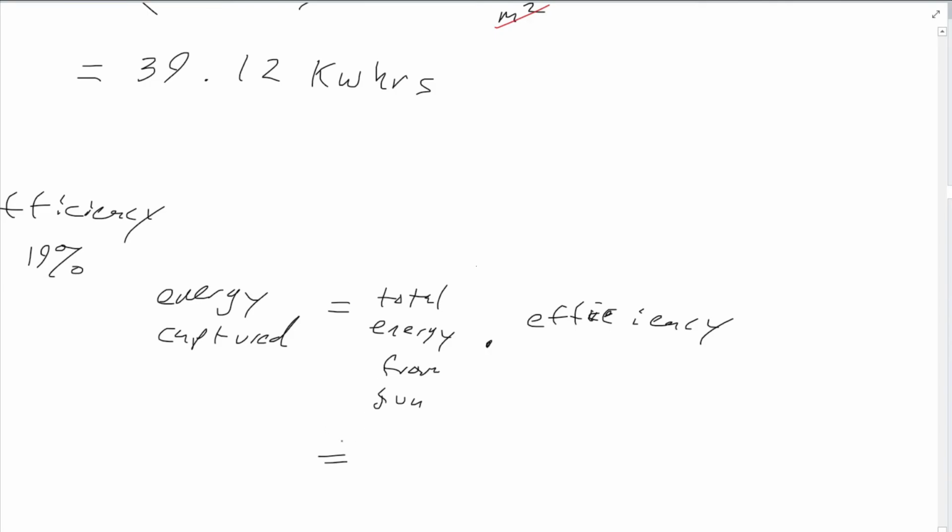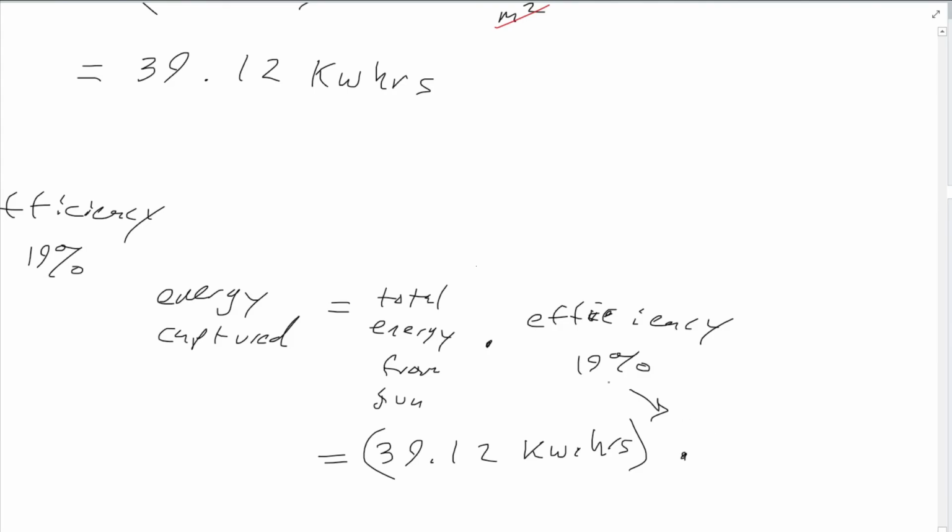The total energy that was hitting the panel we figured out in the previous calculation, 39.12 kilowatt hours. And I multiply this amount by the amount of energy I actually am able to capture, which is only a chunk, 19%, right? But we're going to write that as a decimal to multiply it.